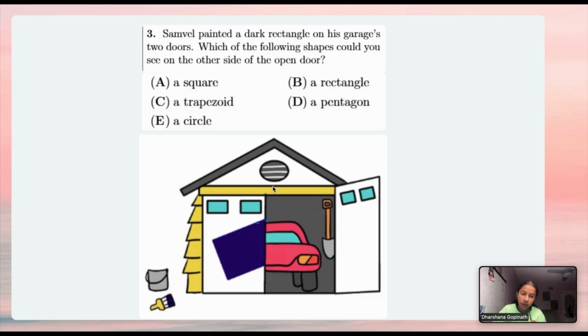If you think about it, only two shapes that you could get are a triangle like this or a trapezoid like this. And since there's no triangle option here, we can safely say that the answer is option C, a trapezoid.